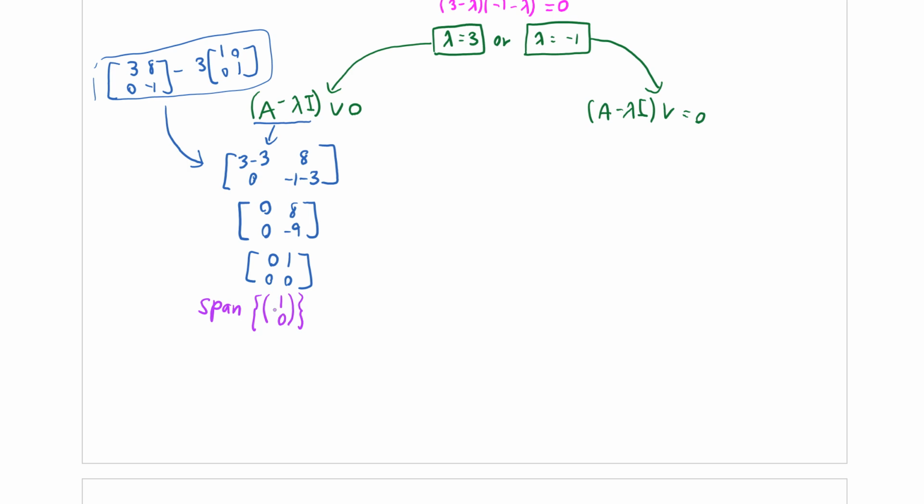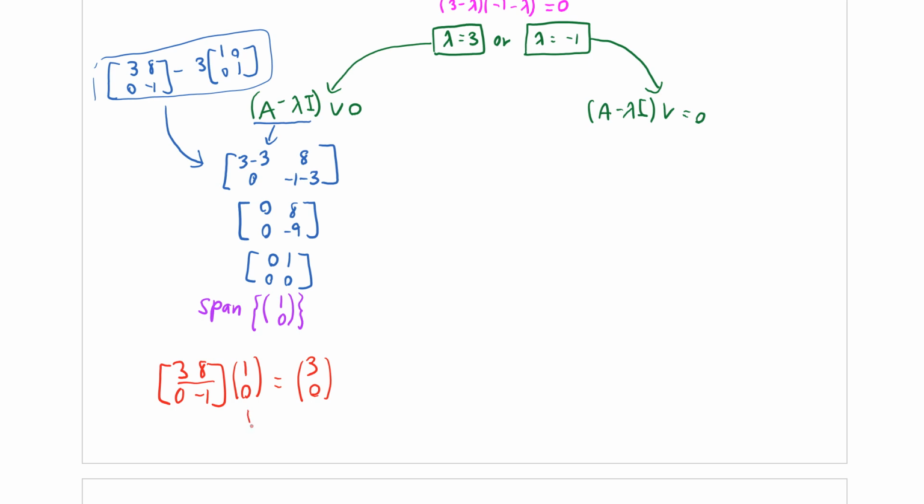Now then, if you want to check whether this is true, I can check as well. So I'm just gonna multiply 3, 8, 0, negative 1 by this vector here, 1, 0, and let's see what I'm gonna get. I'm gonna get 3, and I'm gonna get 0.